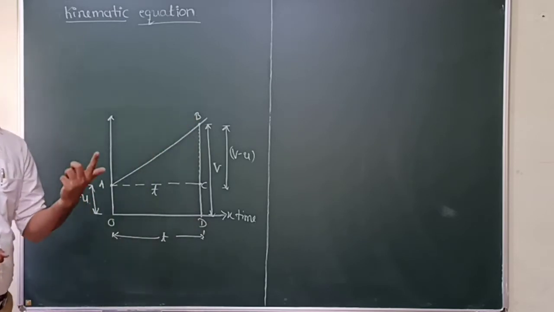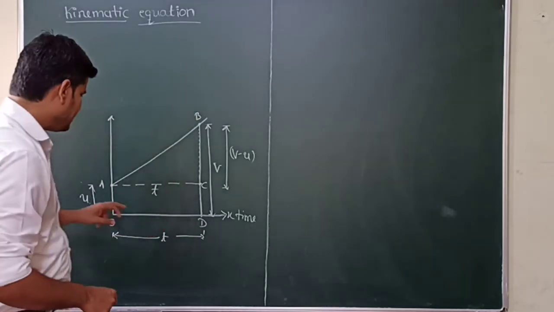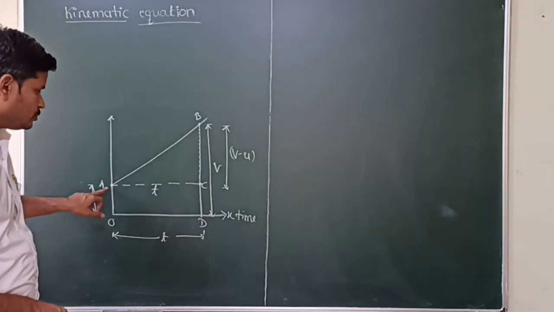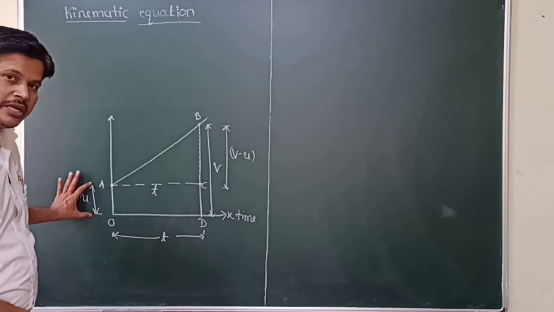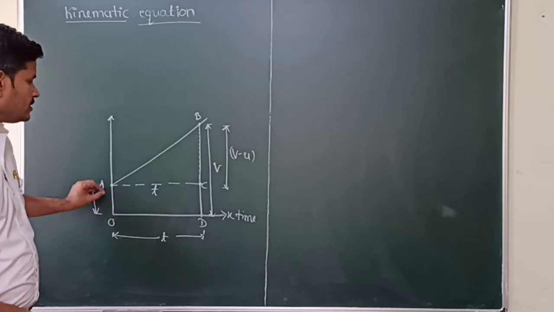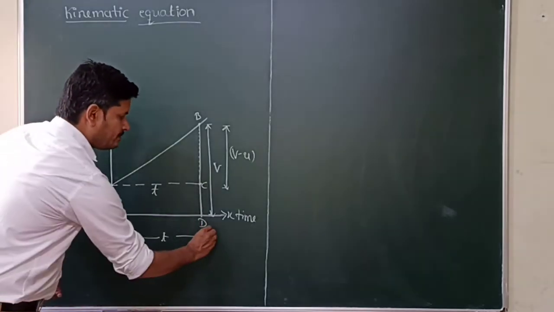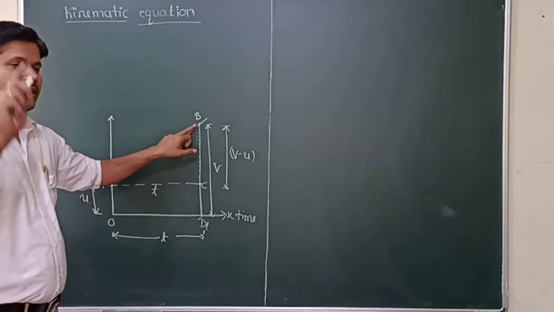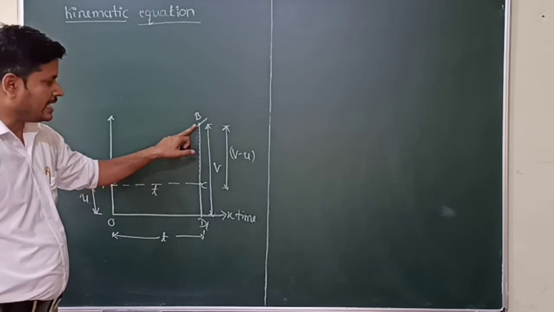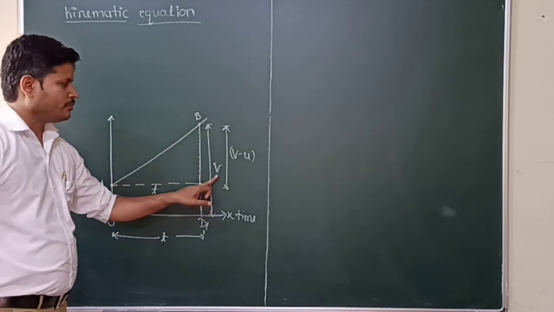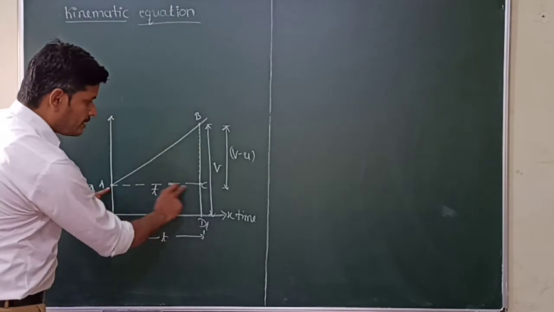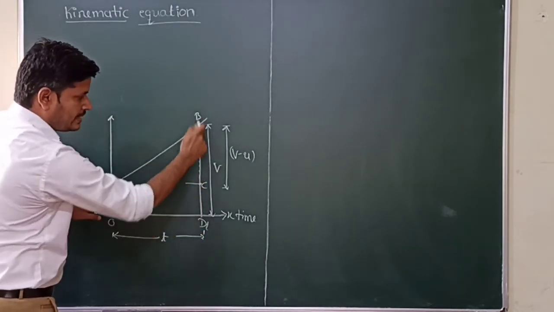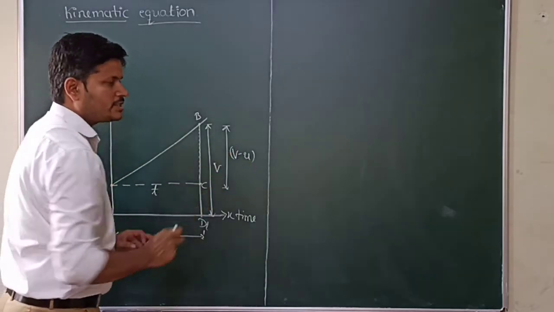The particle has initial velocity u at time t equals 0. After a certain interval of time t, the particle reaches a velocity v, which I will take as the final velocity v. Draw a perpendicular line to BD, that is AC. That BC value becomes v minus u.